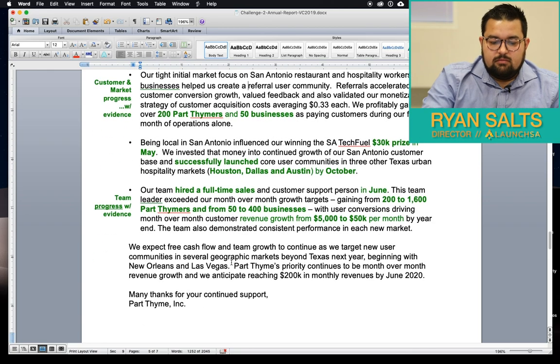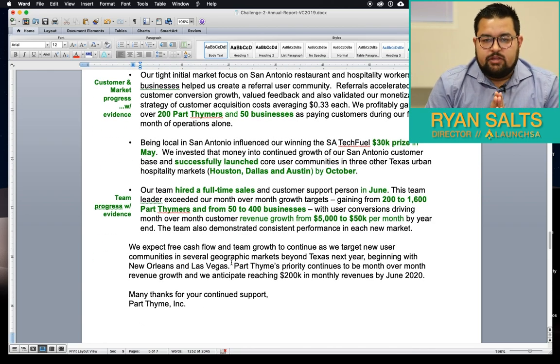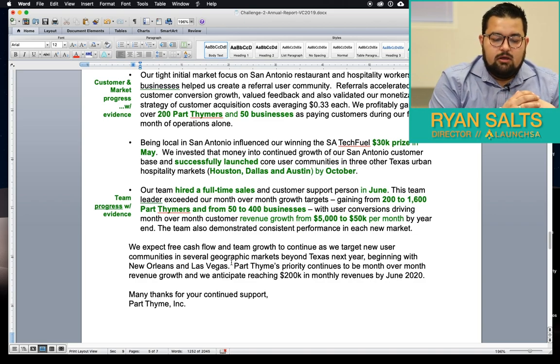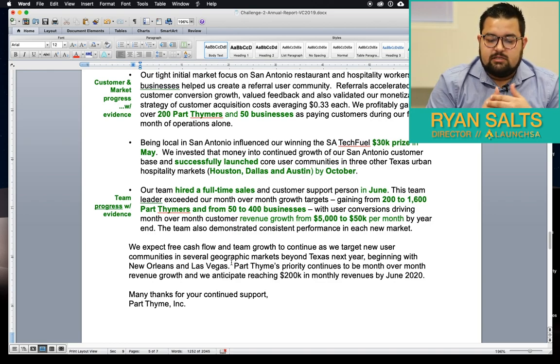Going down for team, the biggest highlights there were that the money that we won enabled us to hire a new person, which started in June. That person helped us grow our user base and our customer base from 200 to 1,600 users, meaning the workers, and then from 50 customers to 400 customers, meaning the businesses, the restaurants that needed the workers.